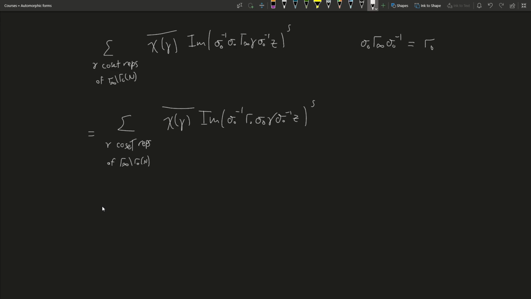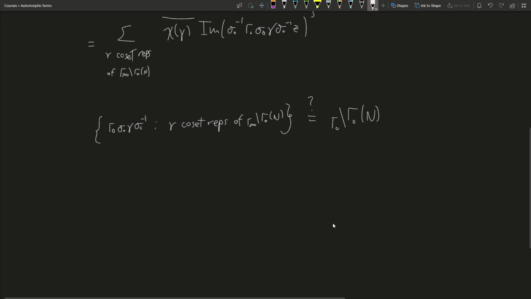So really what we're asking is, the set, or the multiset, gamma naught times sigma naught gamma sigma naught inverse, where gamma ranges over the coset representatives that we've chosen of gamma infinity mod gamma naught n, does this set equal a set of coset representatives for gamma naught mod the stabilizer at 0? And the answer is going to turn out to be yes, so let's see that.